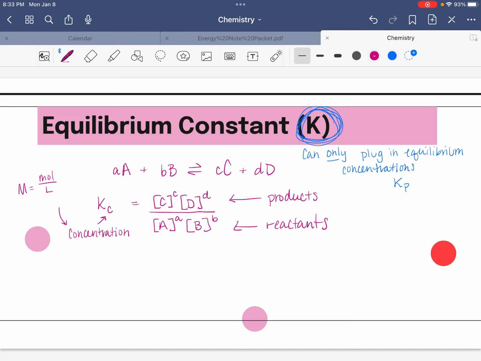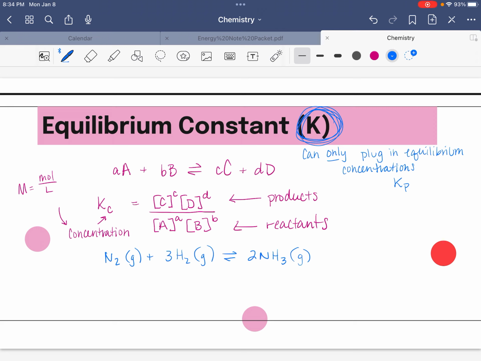All right, so if we had an equation, let's just say N2, which is a gas, plus 3H2, also gas. And this arrow shows that the reaction is reversible, so we have a forward and reverse reaction occurring. It yields 2NH3, which is also a gas.